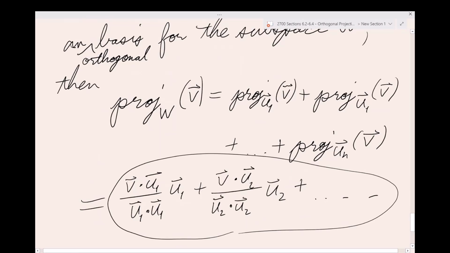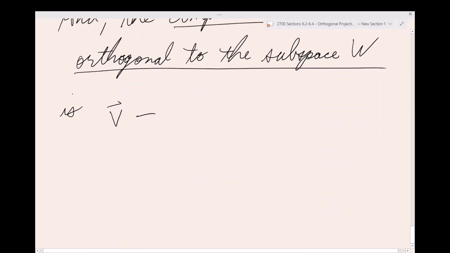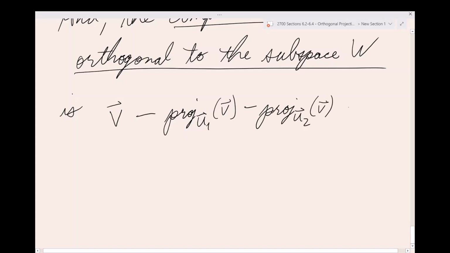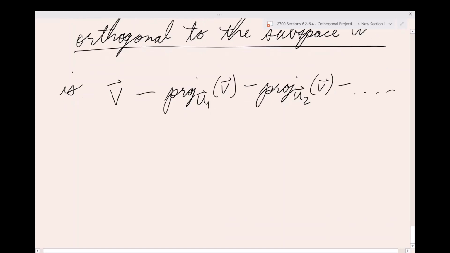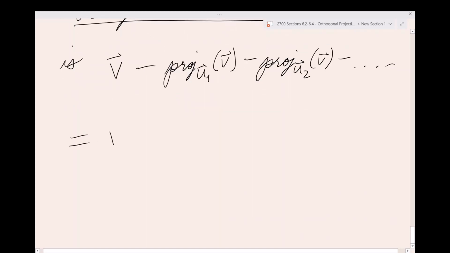But what just happened here? Its projection is this big sum of these things. In other words, I take v minus its projection onto each of those vectors from the orthogonal basis. And of course I'm distributing the negatives, so I would just go through and subtract all these off.